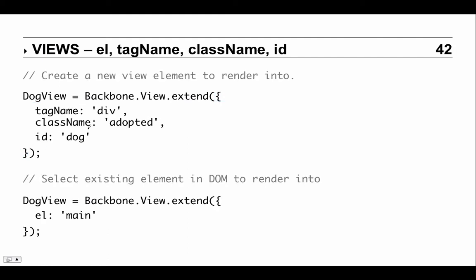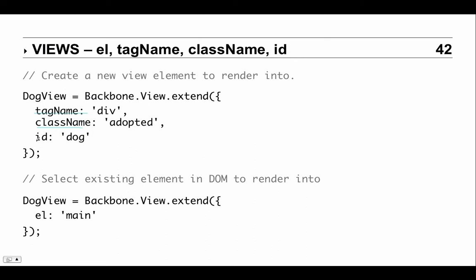Backbone views by default have an el property, which stands for element. And this designates the element that the view will render into. And there's quite a few different possibilities for how you can label the element that you'd like the Backbone view to be associated with. The most common thing to do is to use either tagName or className or id, which you can see here.